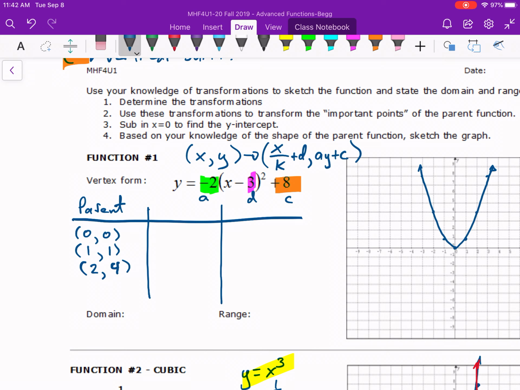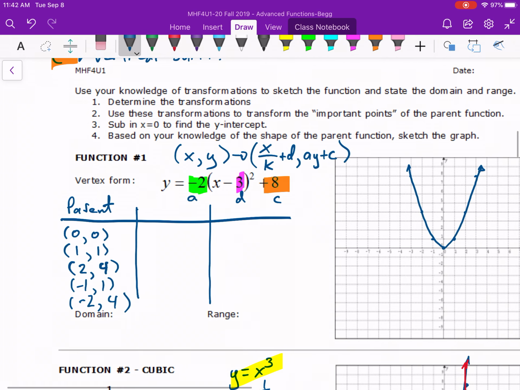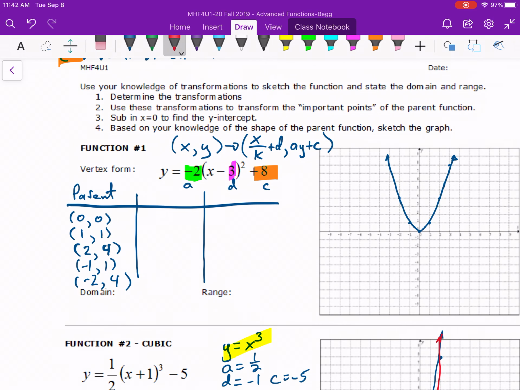I don't need all of them; usually 5, I figure, is a good number. So maybe I'll go to (-1, 1) and (-2, 4). All I'm doing, in case you're lost, is taking these 5 points that I'm highlighting in red and writing down the coordinates, because those are points that are on the original function.